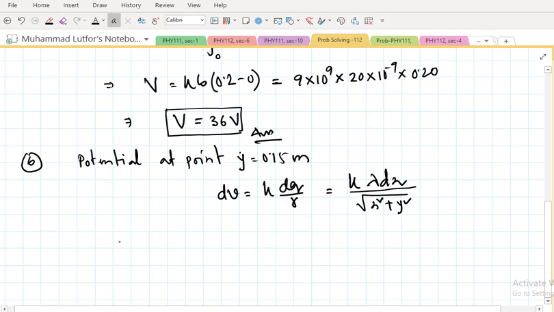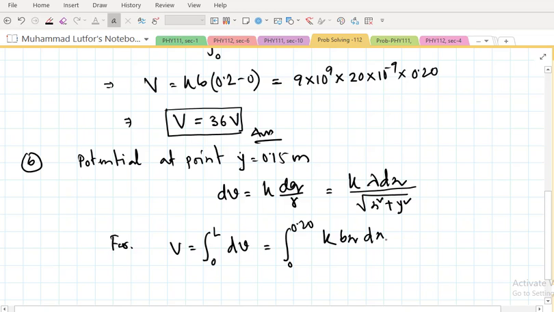Now for the total potential, we are going to integrate over the rod. So this V would be the integration from 0 to L of dV. So I'm going to plug in 0 to 0.2, and dV is k lambda, that is b x, into dx divided by root over x square plus y square.